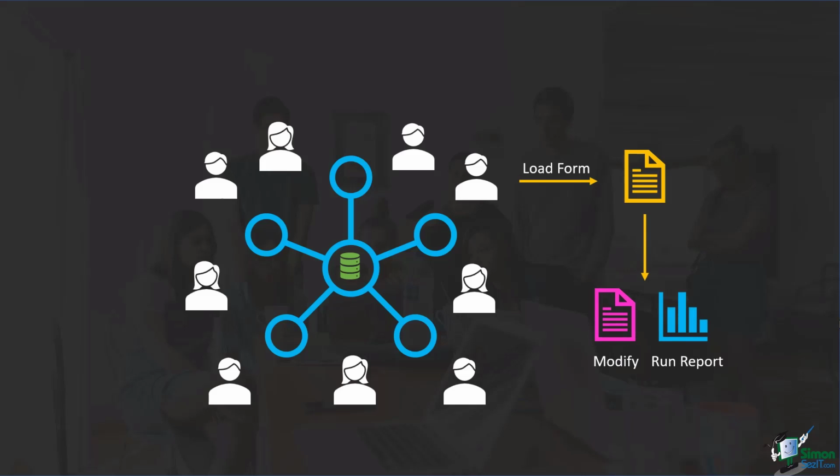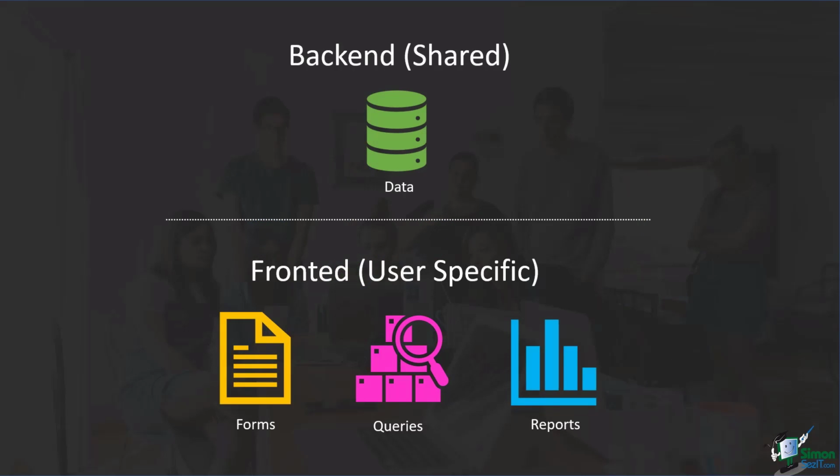Maybe they change some data or run a report, but everything they do involves network traffic. If you split the database so that the back end is in the shared location and the front end is on the user's PC, only the data part generates network traffic. As each user is just loading forms that reside on their local device, you're going to reduce the amount of traffic.